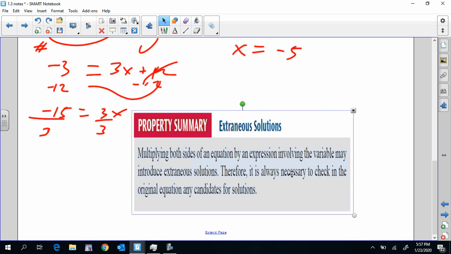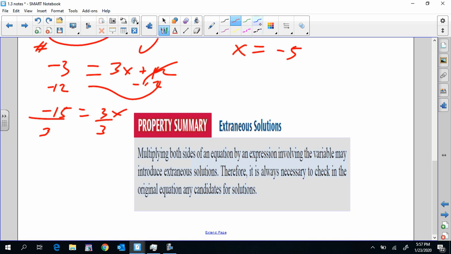Therefore, always check the original equation for what we call candidates for solution. x equals negative 5 was a candidate for solution, but it failed the check. Extraneous. And therefore, this equation has no solutions.